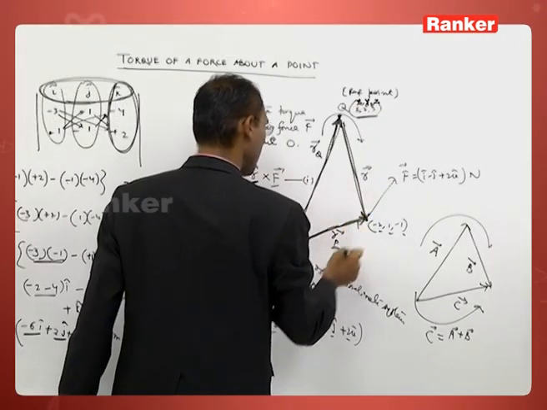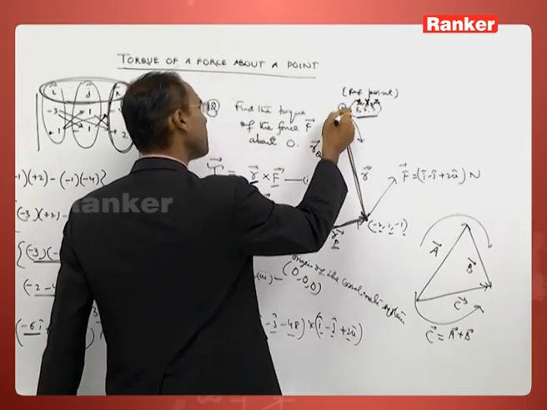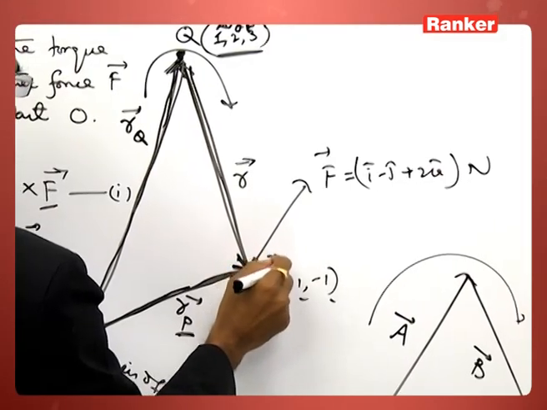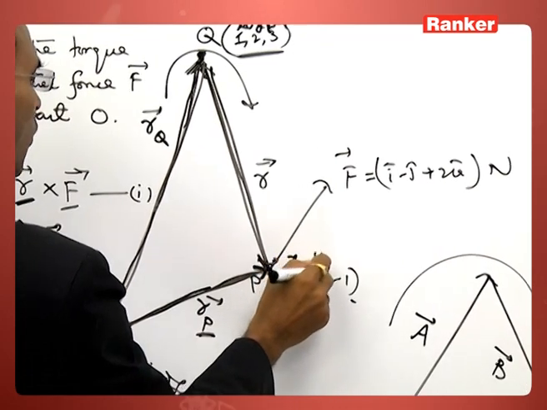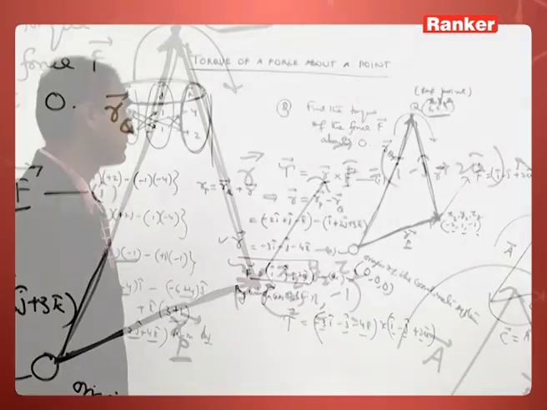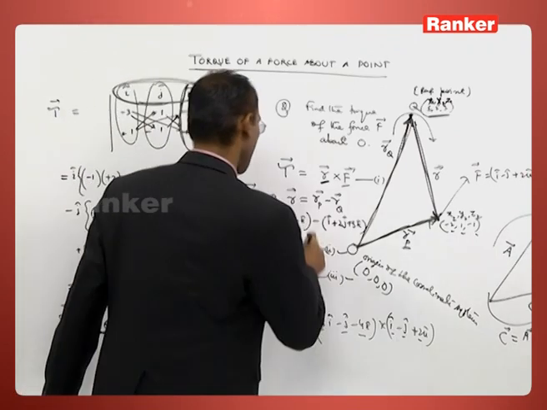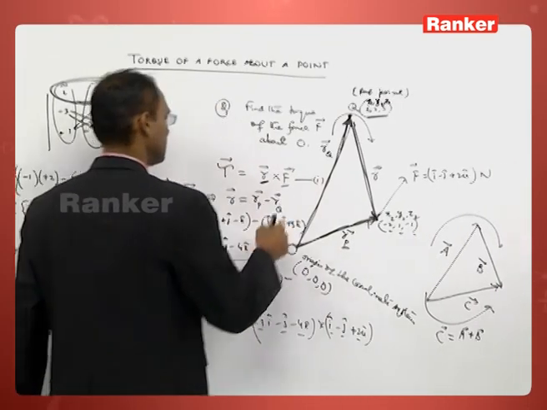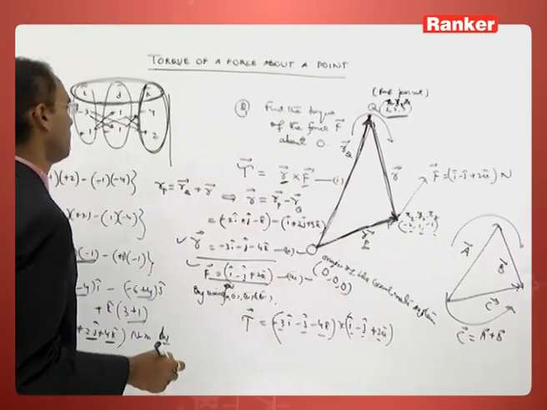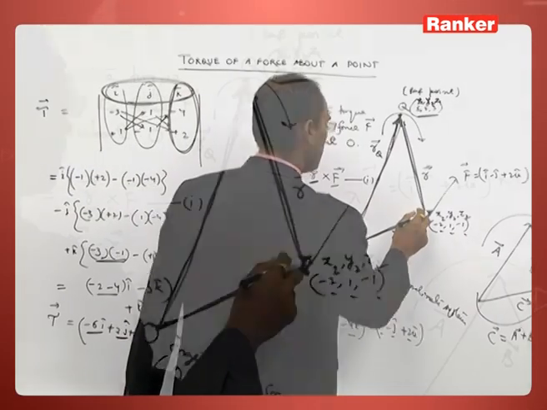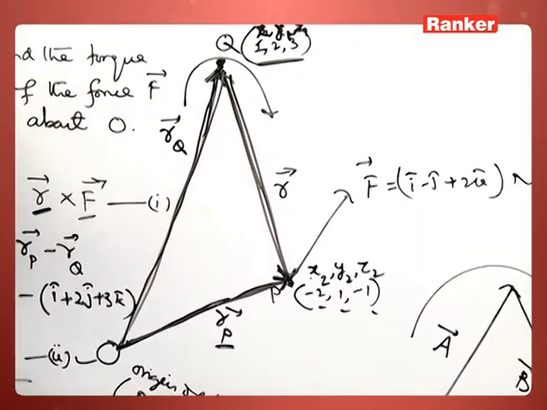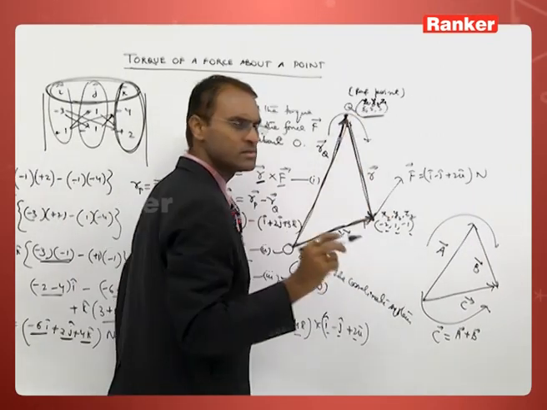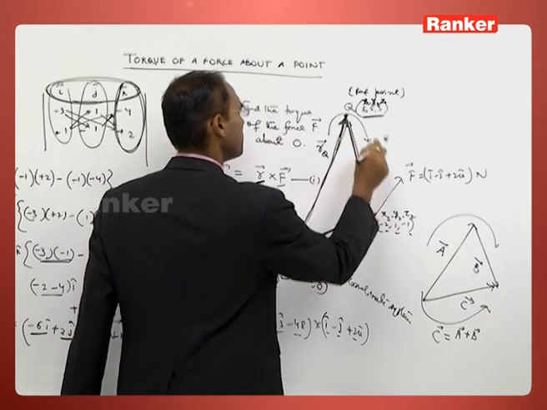And this point P, where you are applying the force for which you are calculating the torque about this point Q, let it be x2, y2 and z2. Then R will be equal to Rp minus Rq, and you will be getting x2 minus x1 i cap plus y2 minus y1 j cap plus z2 minus z1 k cap.